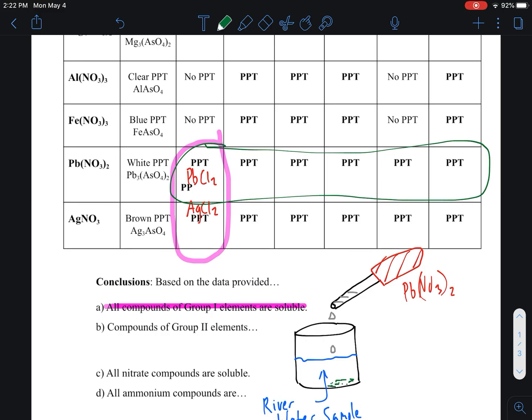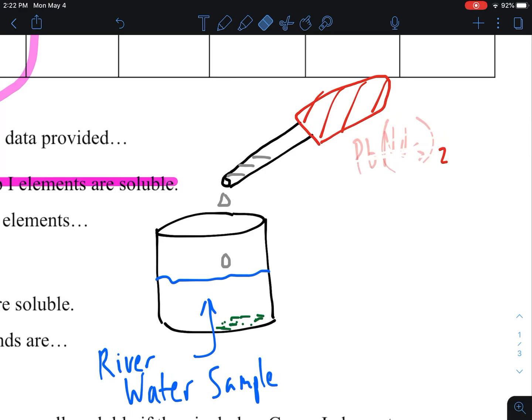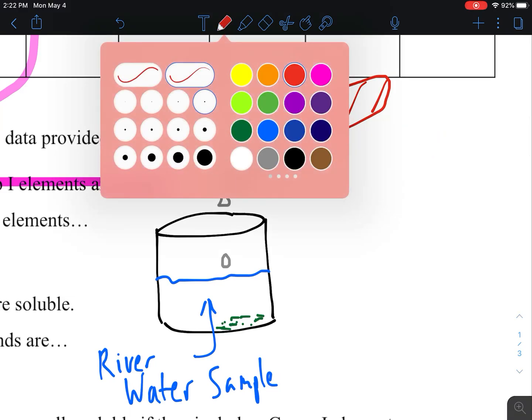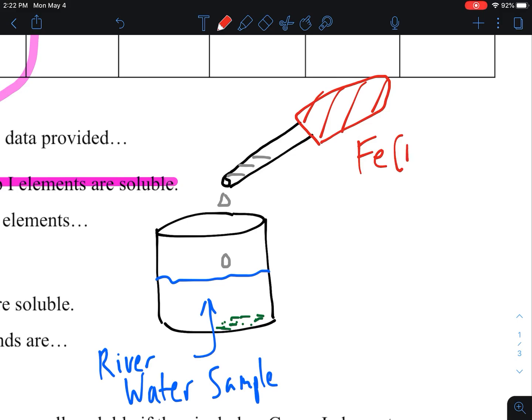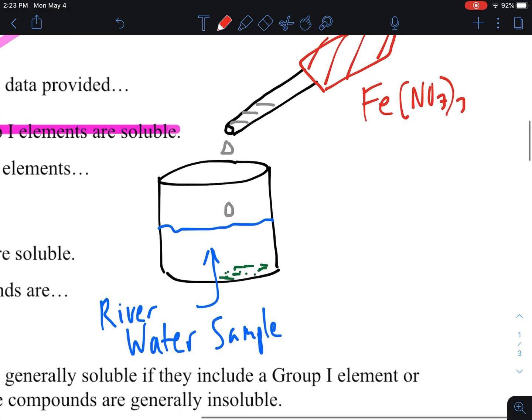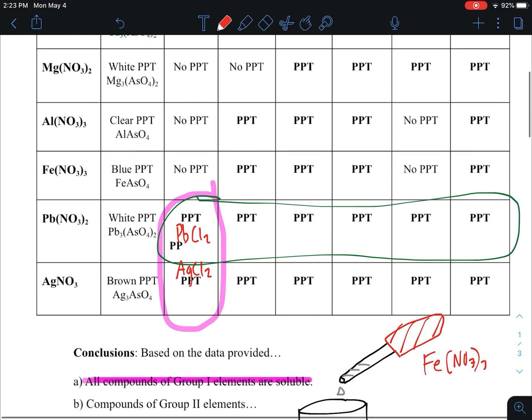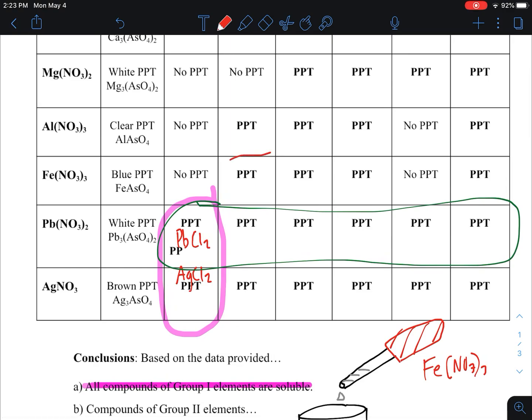Now let's try a different one. Let's try iron nitrate. Let's say that we reacted iron nitrate, FeNO3, it's iron 3 nitrate in this case, and let's say a solid formed there too. So a solid formed with iron nitrate. Well, iron nitrate only forms solids with these ones, and actually not all of those, these three and this one.